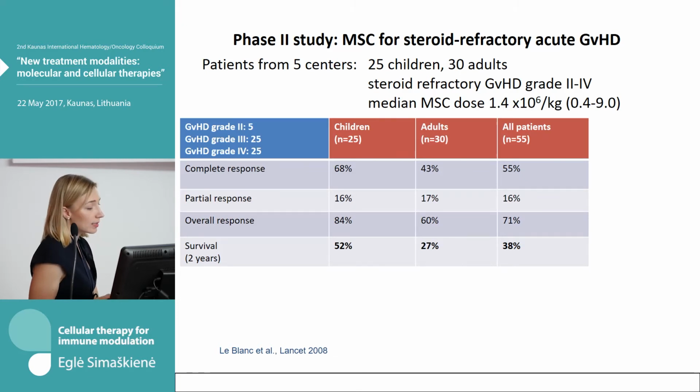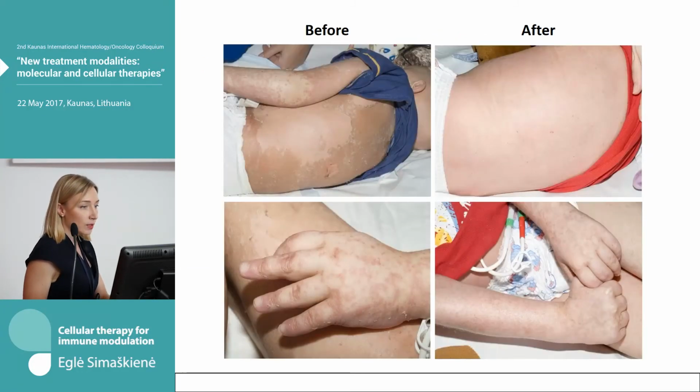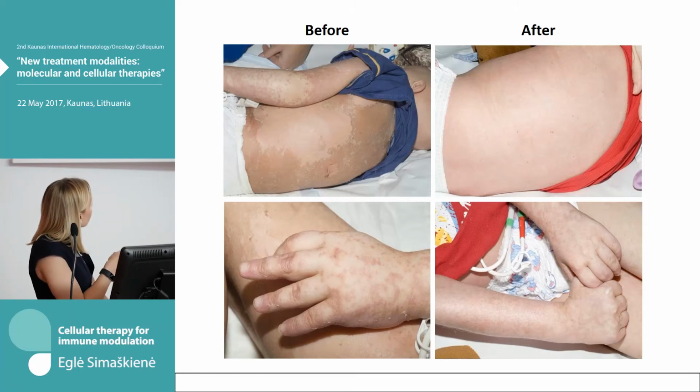No patients had side effects during or immediately after infusion of mesenchymal stem cells. Complete responders had lower transplantation-related mortality 1 year after infusion than the patients with partial or no response. So as you can see, this is skin GVHD, before and after.